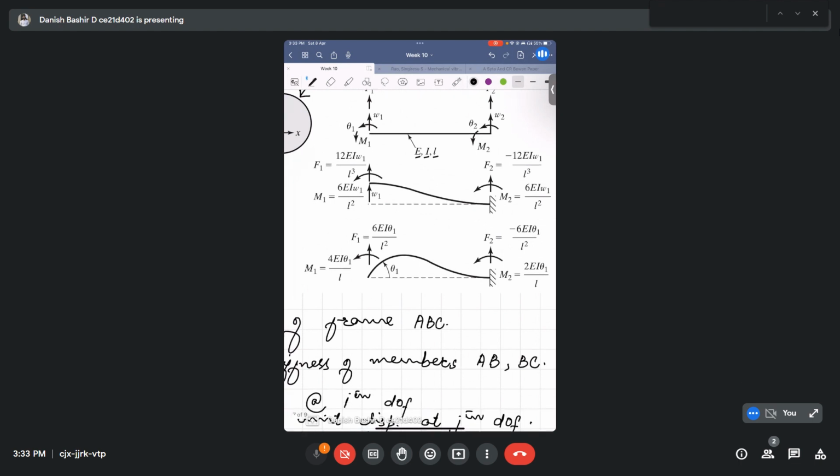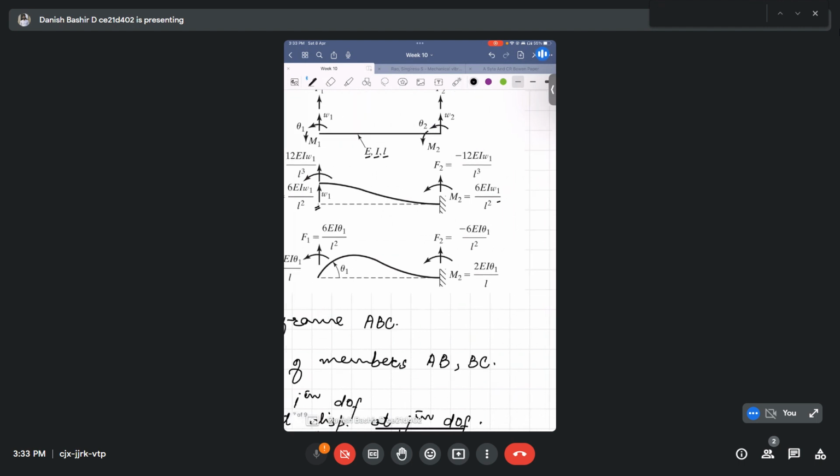So for example, at one end, if I give a displacement W along this positive direction, a moment is developed like this. The moment that will be developed at this end will be 6EIW1 by L square. It is actually 6EI delta by L square.